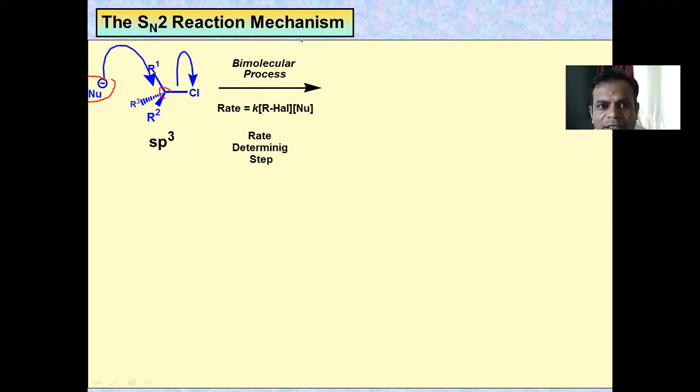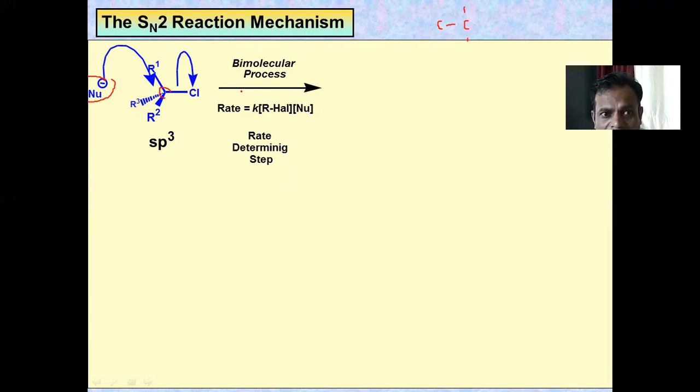So when R1, R2 and R3 may be H, or when carbon is connected to one carbon and two hydrogen, now that alkyl halide is called, what we can say, now that is nothing but a primary alkyl halide. तो हम इसको प्राइमरी alkyl halide बोलते हैं.